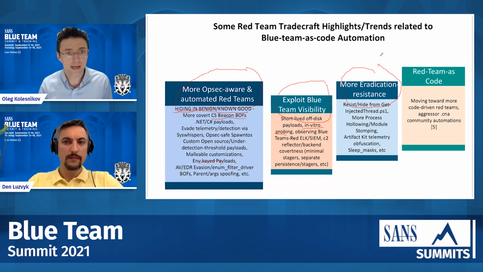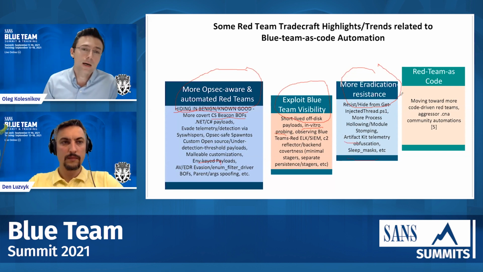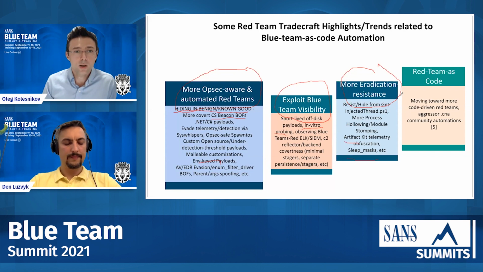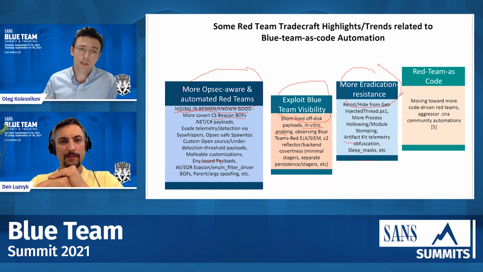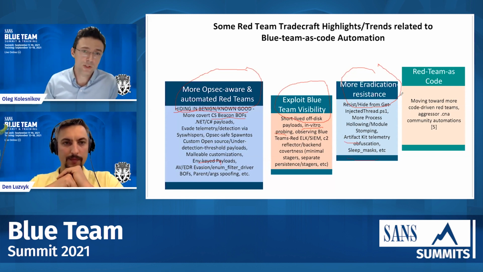Not anymore, right? They have all of these cool tools, sleep mask, artifact kit, and Florian and I were joking about this earlier, where basically with each release, all they have to do is upgrade from Cobalt Strike 4.1 to 4.4, and now we as blue teams have to spend hours and hours to cover all those additional evasion techniques.